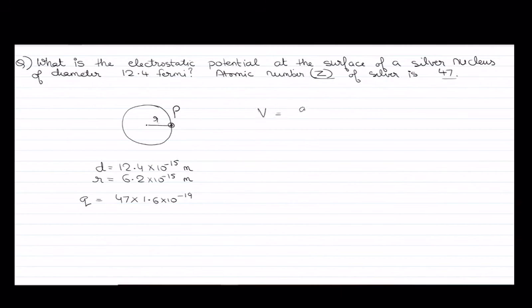The formula is K Q divided by R, where Q is 47 into 1.6 into 10 to the power minus 19, and the value of R is 6.2 into 10 to the power minus 15 meter. If we solve all of this, we get 1.09 into 10 to the power 7 volts.